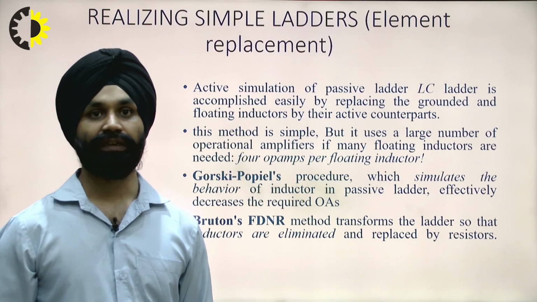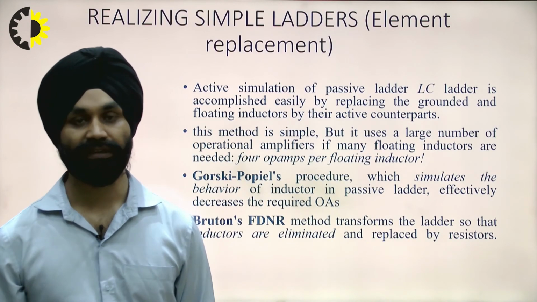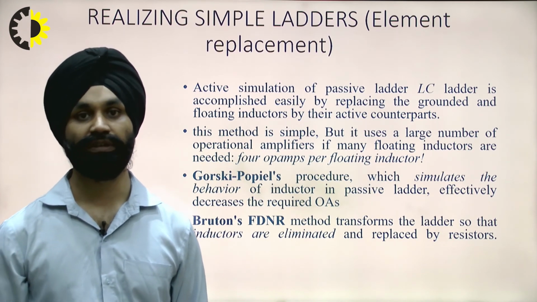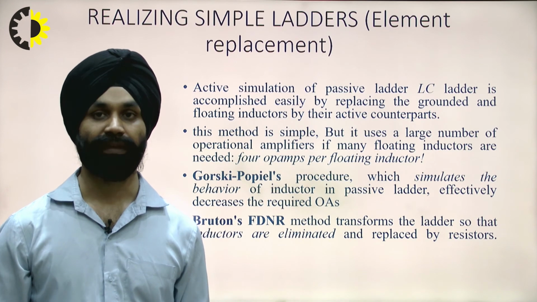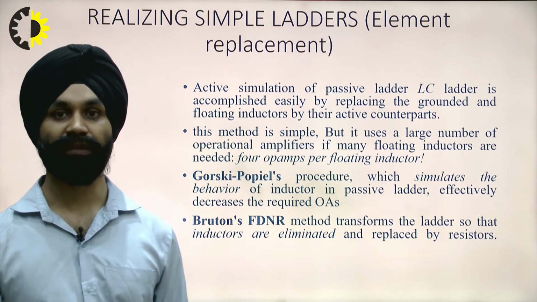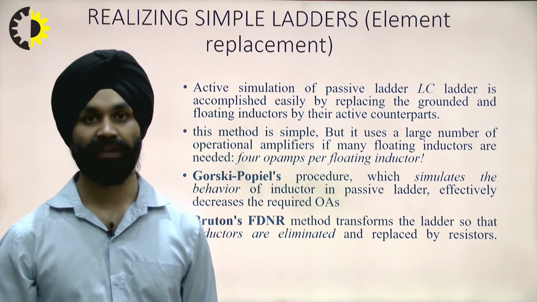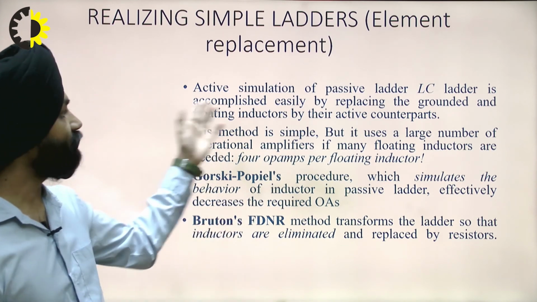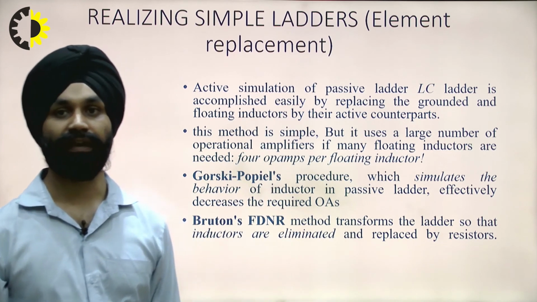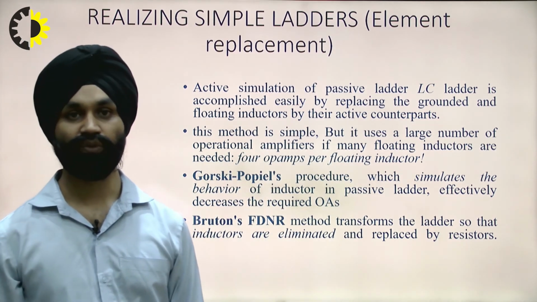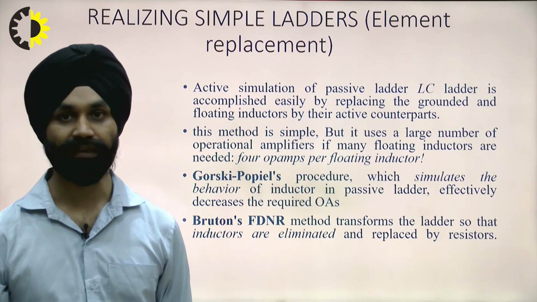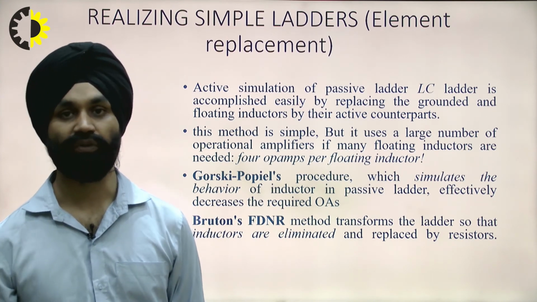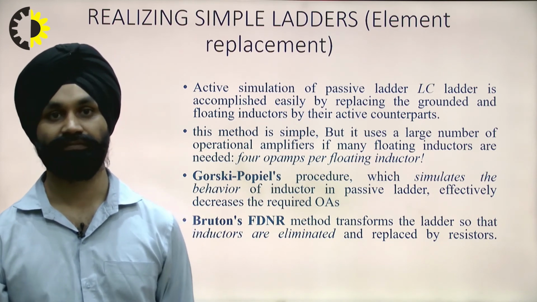So there are other techniques that are proposed for the ladder circuit design or replacement of the inductor. The first replacement that we have seen is the active simulation of the passive ladder LC circuit, by replacing the grounded and floating inductors with active components, for example gyrators or GICs.